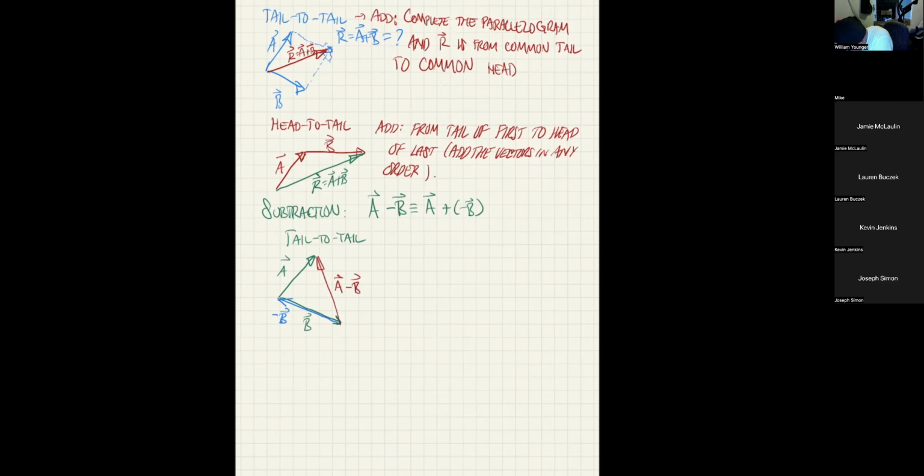So subtracting these two, what that means is reverse B to make negative B, and then A and negative B are head to tail.